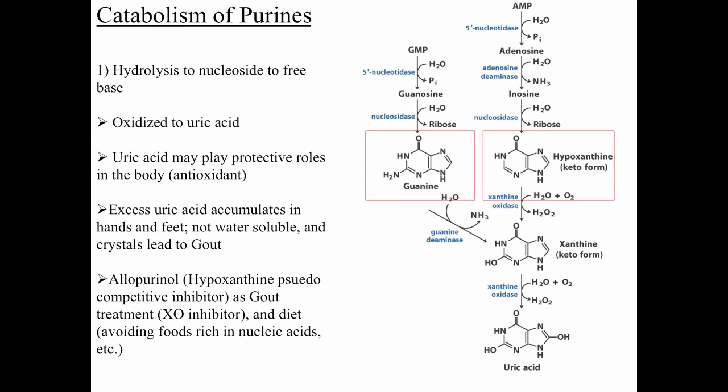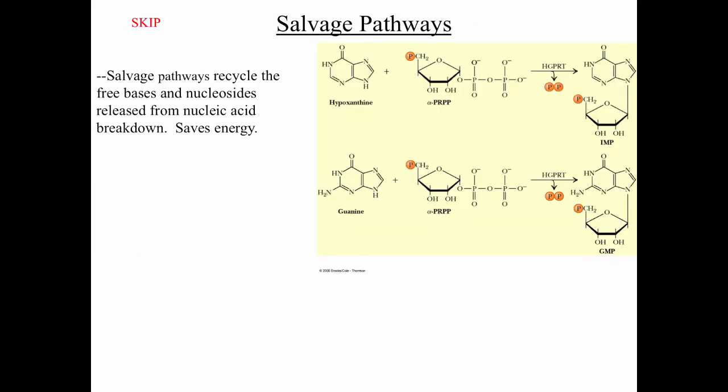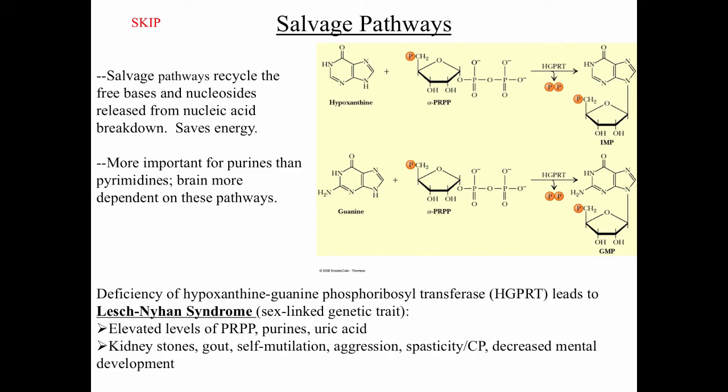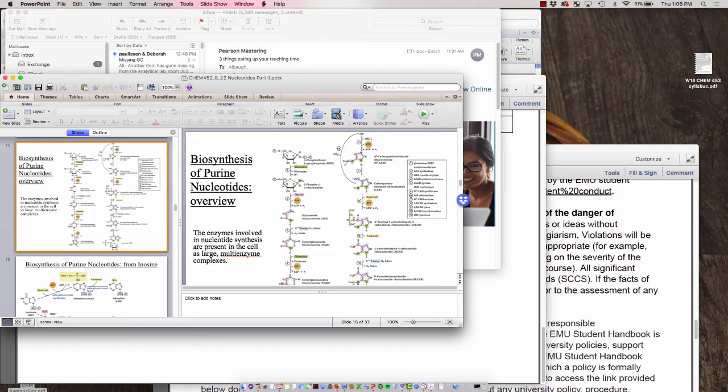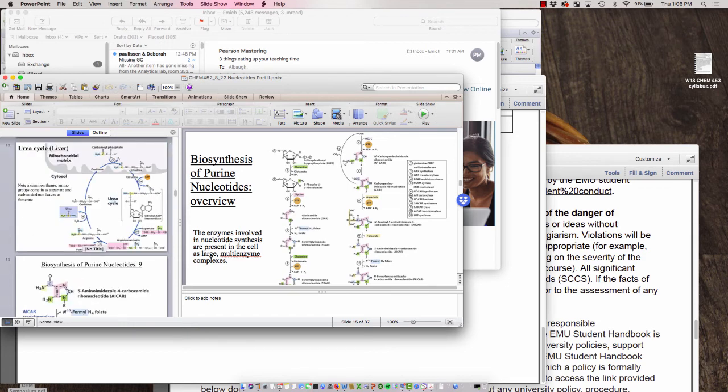Diets that have very high nucleic acid foods are also thought to contribute to acquiring gout. Okay, so I'm going to have you guys skip the salvage pathways, and that concludes nucleotide metabolism part 2.